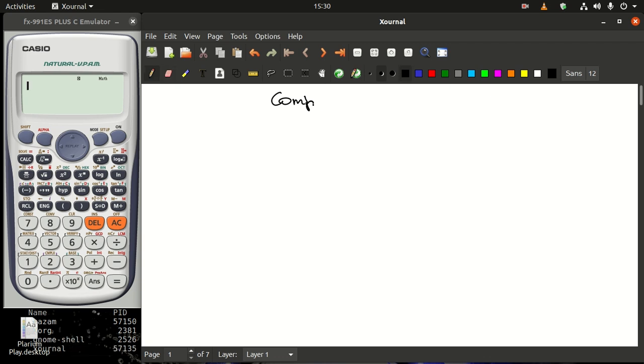Composite functions, or the composition of two functions.